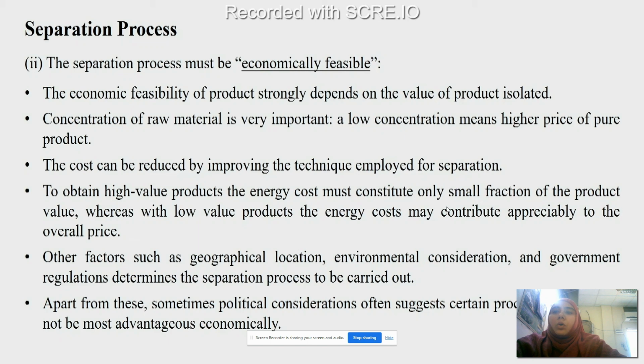We can reduce the cost of the product by improving the technical performance of the separation. So we can choose a particular separation process which will be efficient enough to get a pure quality product. Energy cost is one of the important factors. The energy cost should consist of only a very small fraction of the product.